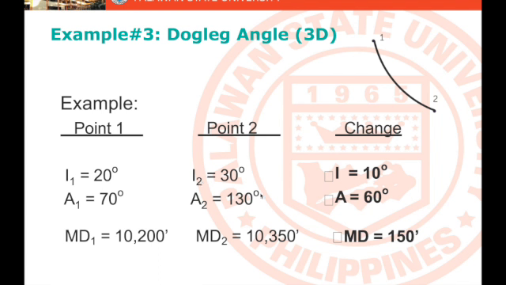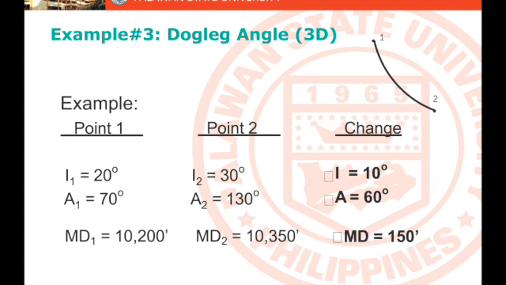As you can picture, we are turning in a clockwise direction. So the changes are I2 minus I1, that's 10 degrees, and A2 minus A1, that's 60 degrees. MD2 is 10,350 feet, so just subtract, and the change in measured depth is 150 feet.